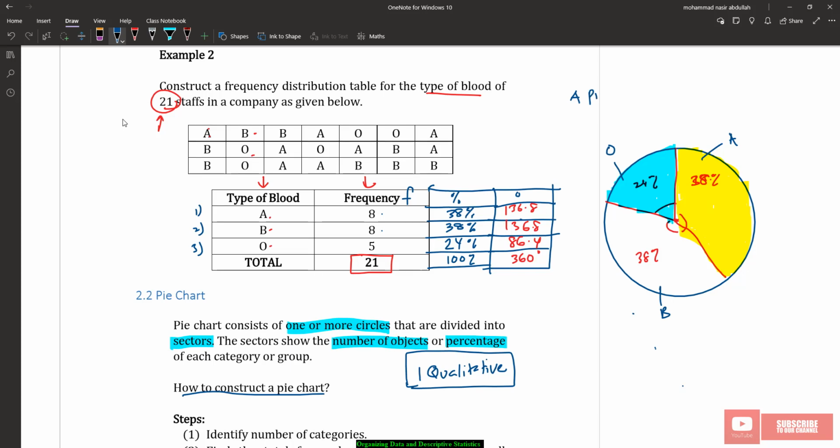So a pie chart showing blood type for 21 staff in a company. So this is how we do a pie chart. Okay?